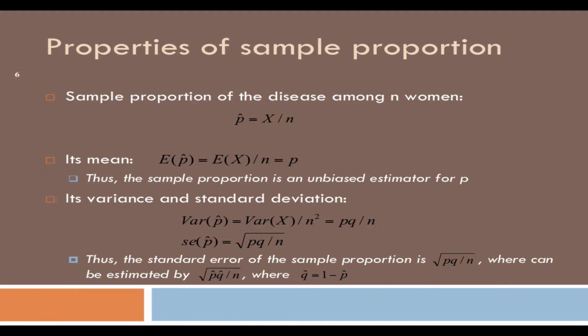Second, the variance of p hat is p times q over n, and that gives you the standard error of p hat, which is the square root of this. So we know it's unbiased, and we know it has this form of variance. What else do we know?